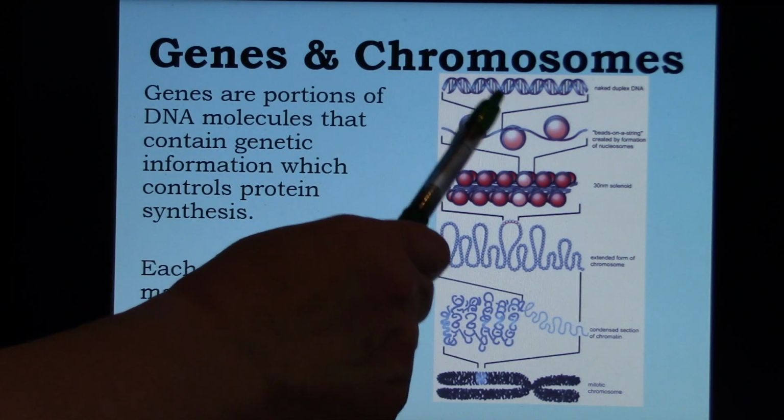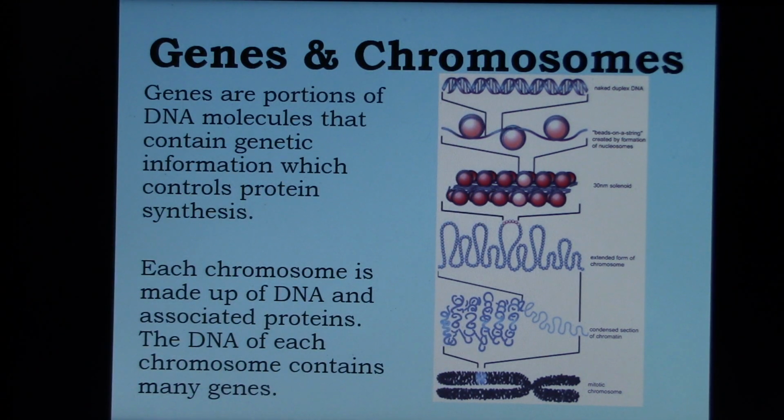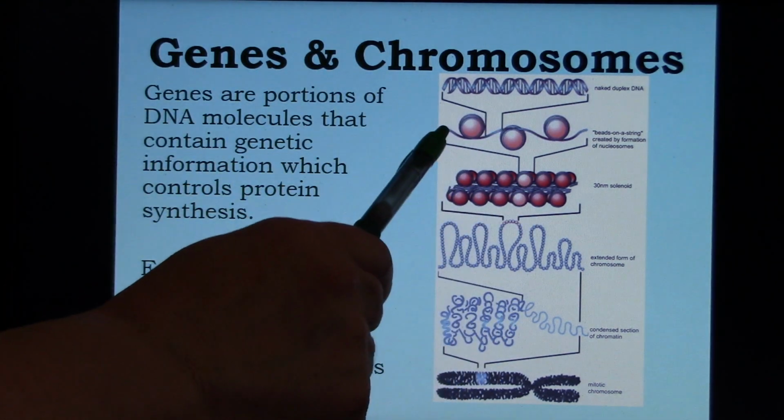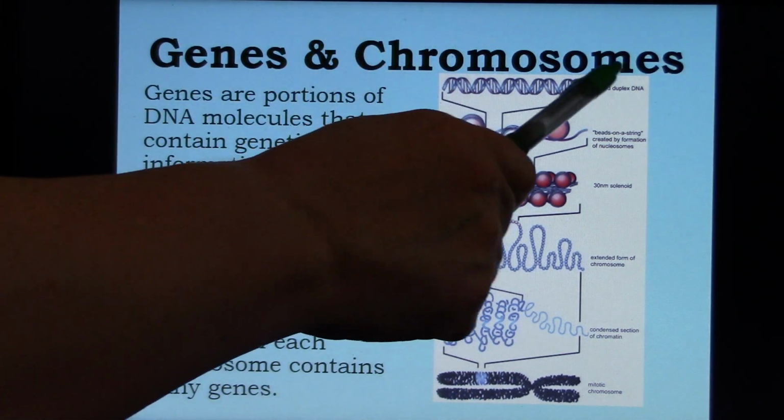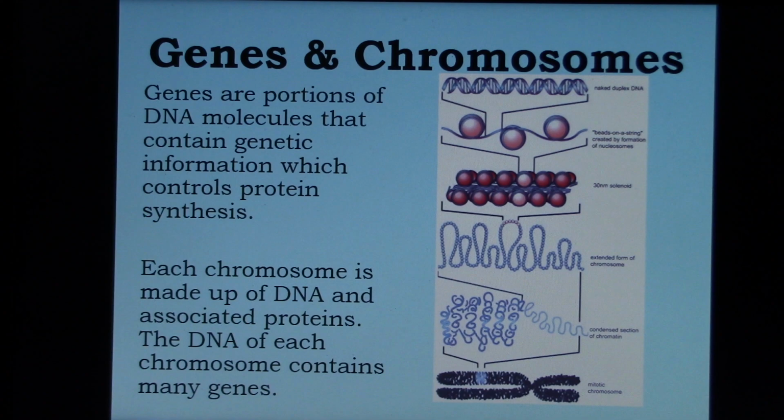Okay? So when it comes time for the cells to divide, we have this process specifically called mitosis. And for mitosis to occur, all that double helix structure in the cells has to be condensed.